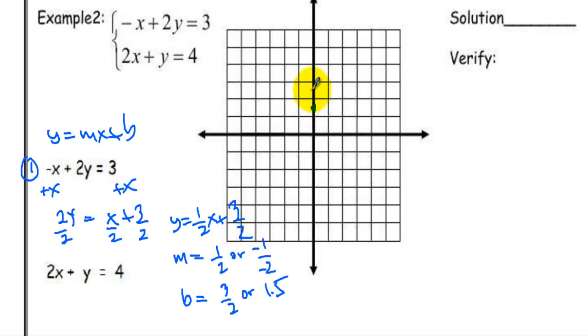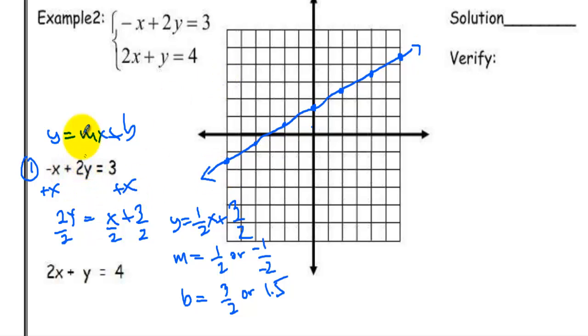So go up 1 and to the right 2, up 1, right 2, up 1, right 2. Or we can go down 1 to the left 2, down 1, and then left 2. So this will be the graph of my first line.